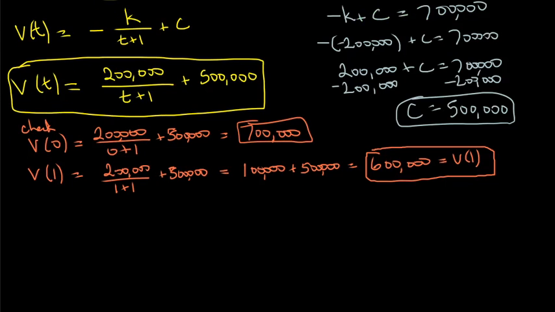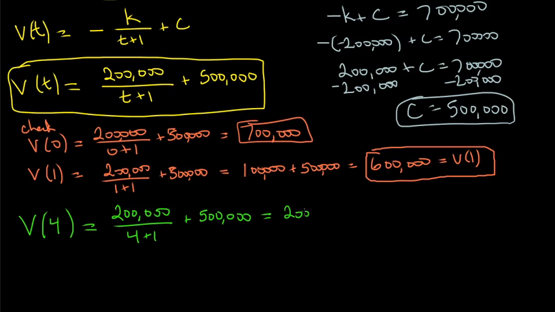Okay, so now we can finally answer the question: what is the value of the machine after 4 years? So now just replace t with 4. We have 200,000 divided by 4 plus 1 plus 500,000.